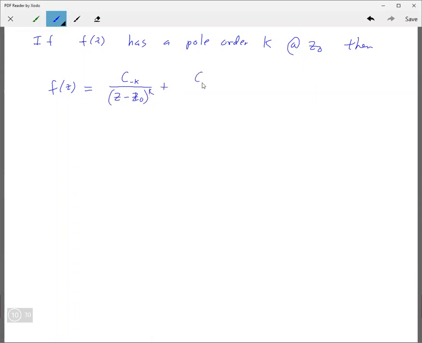And then the next term, of course, is going to be c sub negative k plus 1 over z minus z naught to the k minus 1.